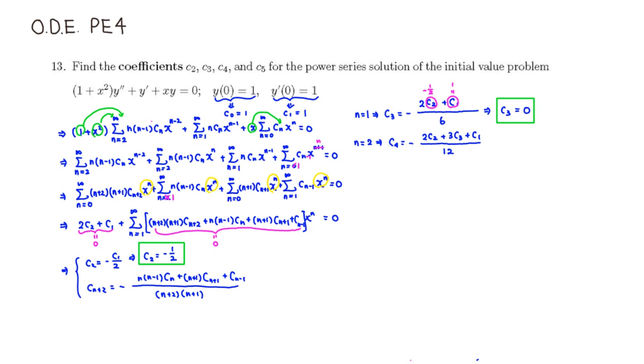Again, we know C2 is negative 1/2, so times 2 is negative 1, and C3 is 0, so we can cancel that. Did I make a mistake? Actually this was C0, sorry, which is 1 anyway. Looks like we have another negative 1 plus 1, so it's 0 again. So C4 is actually 0.